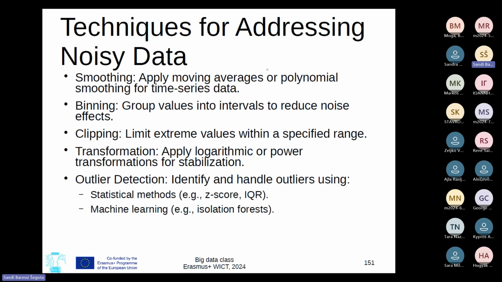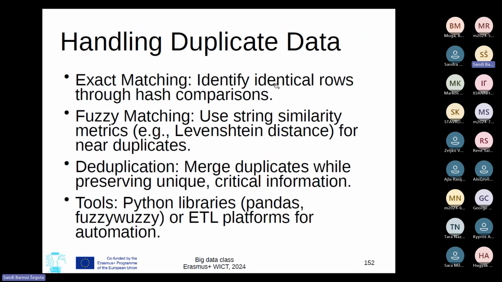You can do clipping. So you say, any values outside of the range that I am expecting are going to be eliminated. We simply aren't going to use them. You can do something like a logarithmic transformation, so you control the data and stabilize it a bit, and you can, as I mentioned, eliminate any outliers that you may have issues with using standard statistical elements.